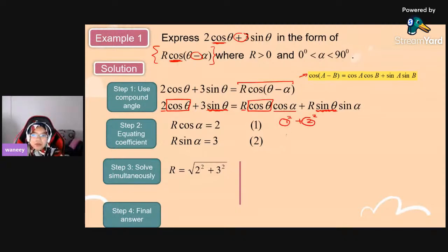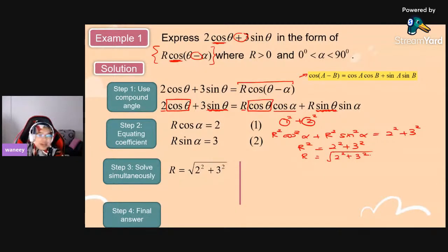Therefore, they will become r squared cos squared alpha plus r squared sin squared alpha. And this is equal to 2 squared plus 3 squared. So r squared is equal to 2 squared plus 3 squared. And then in order to find out the value for r, we simply take the square root of them.